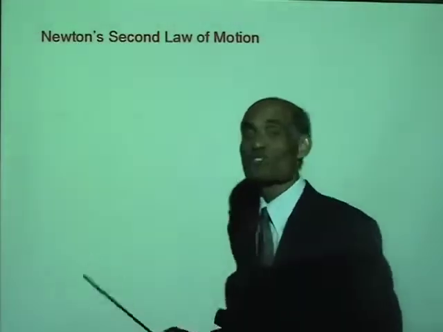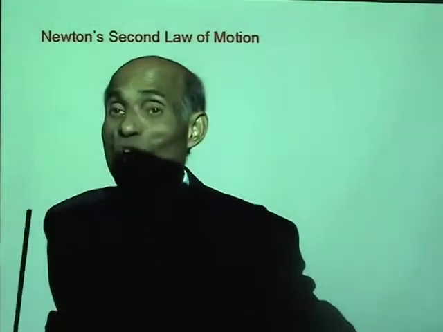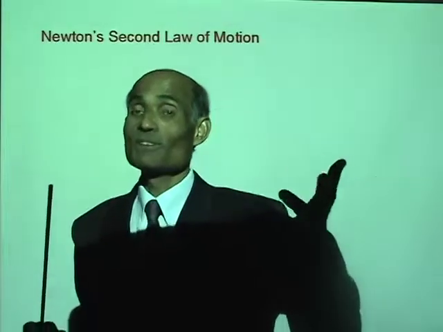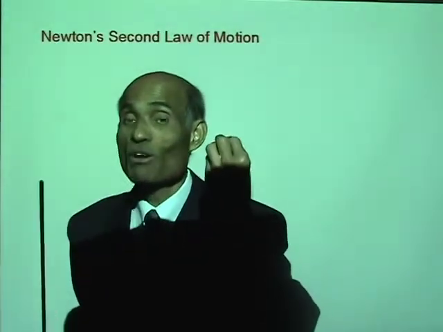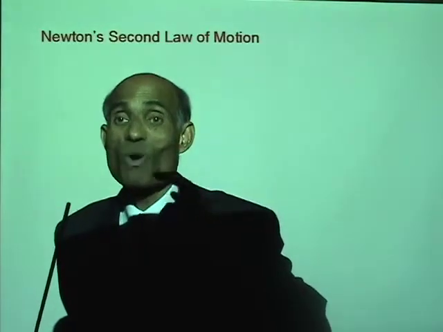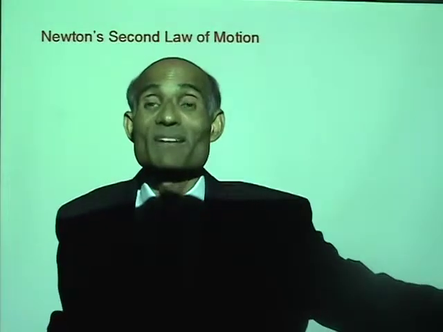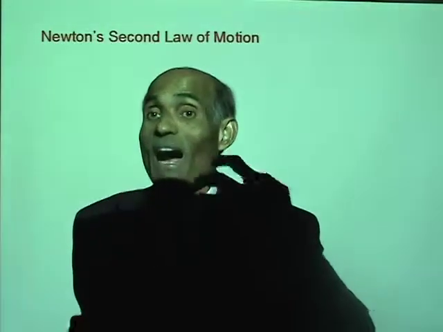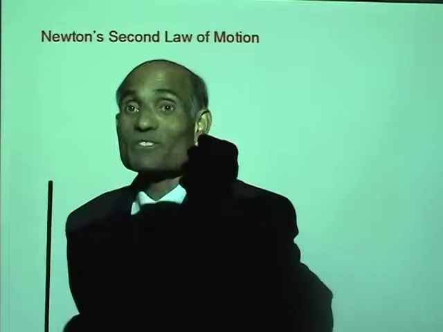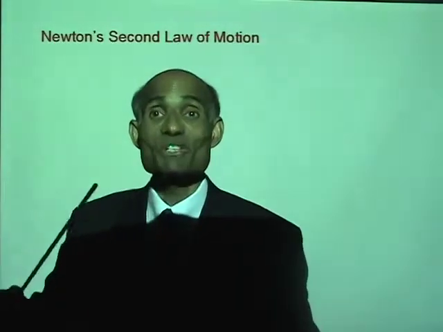Let's now talk about Newton's second law of motion. Tell me, what does the first law of motion tell you? Newton's first law tells us that an object wants to keep on doing what it is doing unless an unbalanced force acts on it. And that law is called the law of inertia.